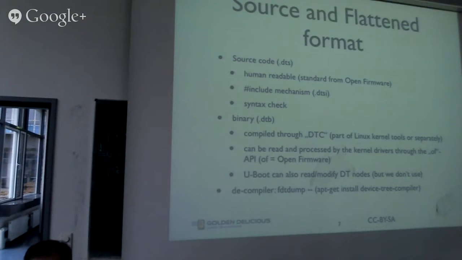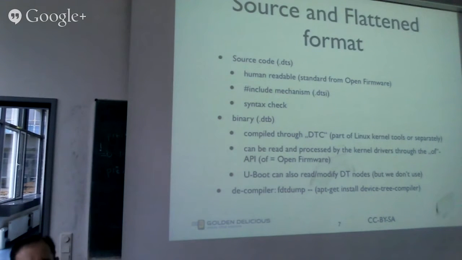There's also a mechanism within U-Boot. U-Boot can also read and even modify these device trees, which is, well, bringing back some of the dynamics of the board files, which I did mention that there might be small variations of boards. For example, between the GTA03 and 04, we have changed some GPIOs.